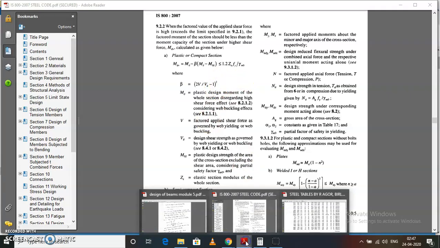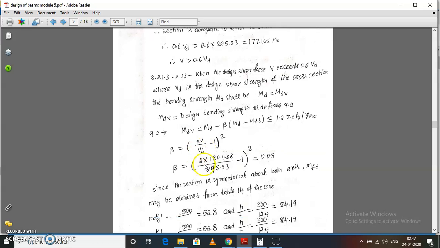That is what I have noted down here. So beta equal to 2 into shear force, 180.488, divided by VD, which we have calculated there as 295.23, minus 1 whole square, equal to 0.05.